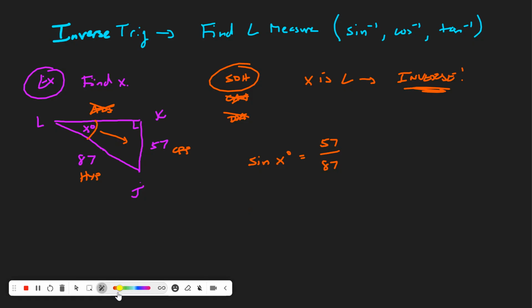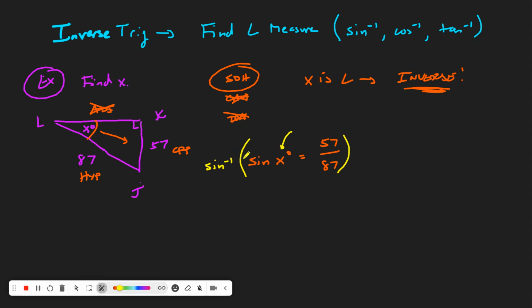And now, here is where we're going to apply the inverse sine. I'm just going to put a big parenthesis around this. Notice there'd be no reason to multiply by 87 because the x is over here, right? We just want to get the x by itself. Well, in order to get rid of sine, we can't just divide by sine. We're going to take the inverse sine.